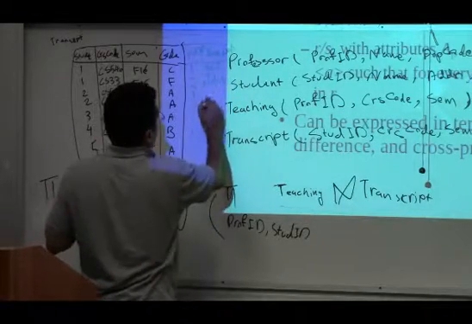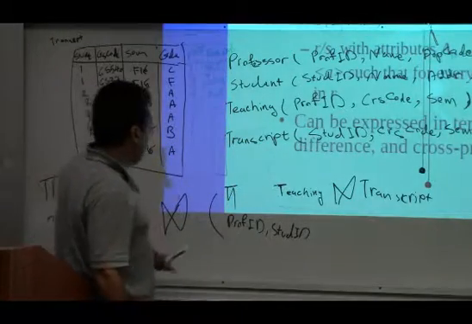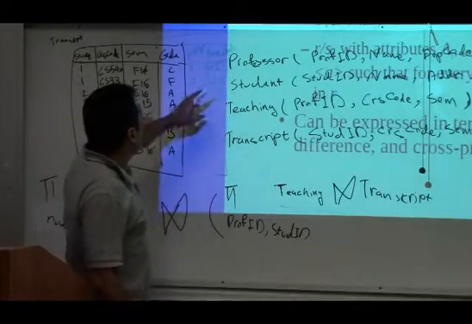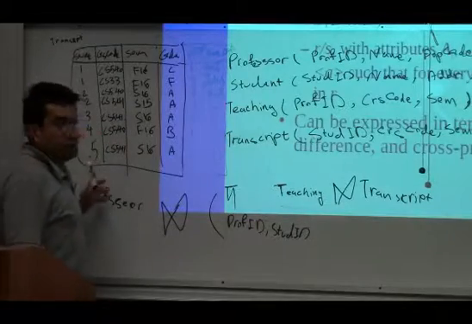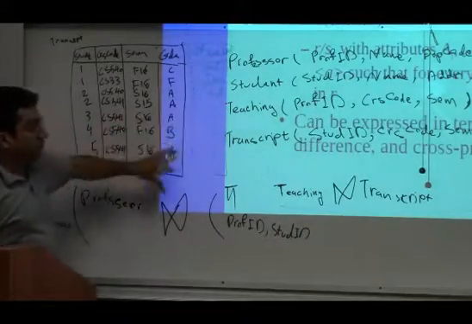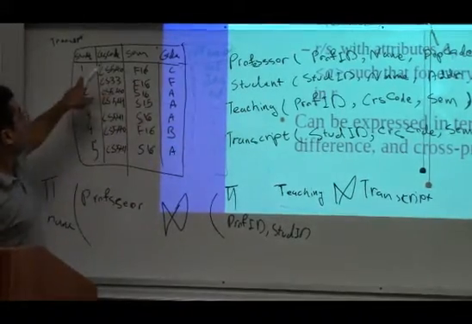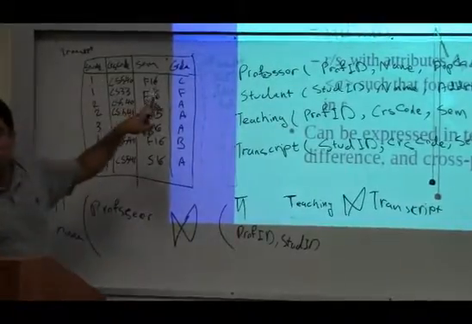Okay, the rest is fine. So here you can see that Professor Asif is teaching every student, because if you complete the division, you will see that Professor Asif has a course as a row for each of those students.